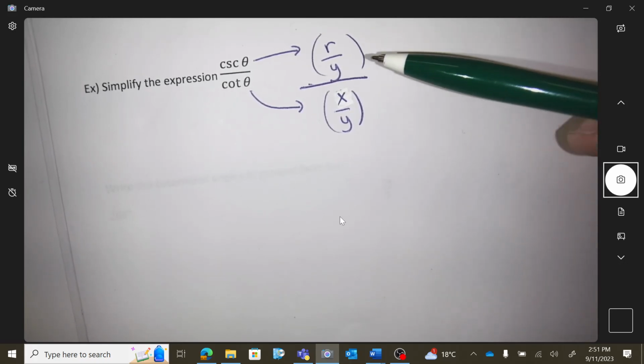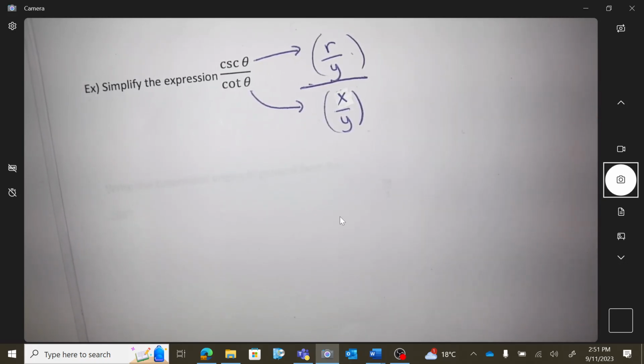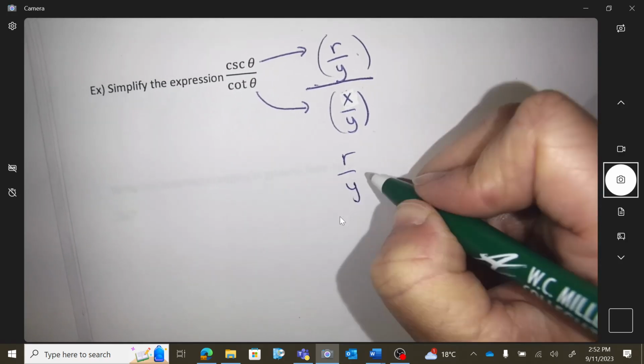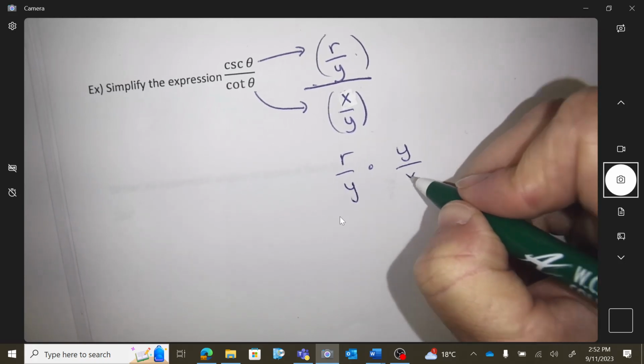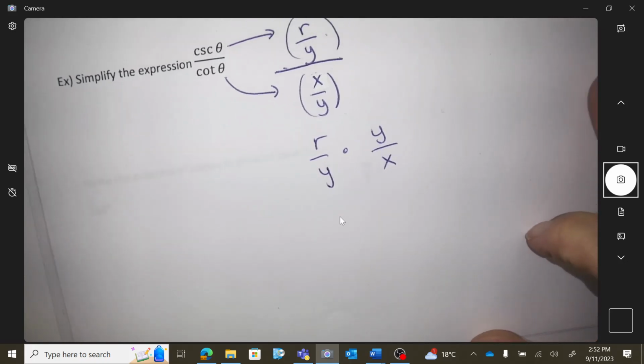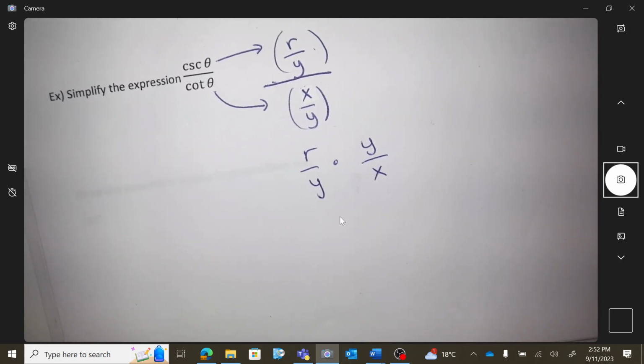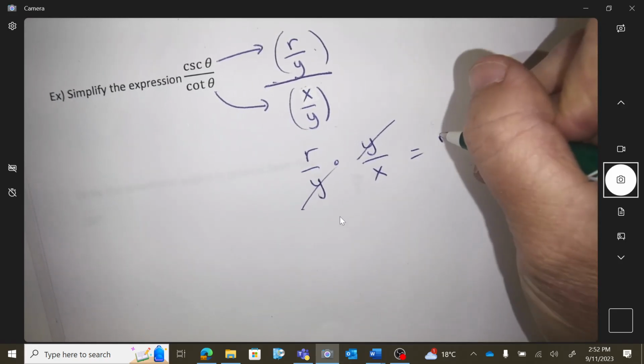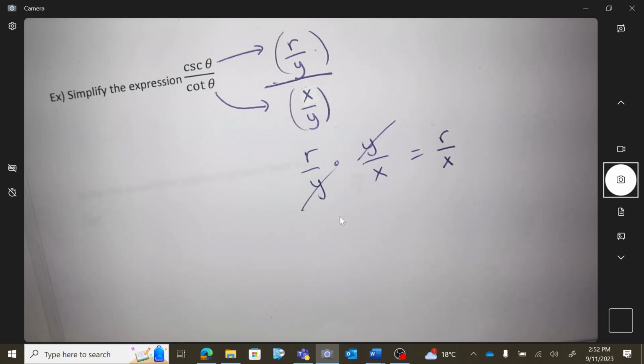How do you divide a fraction by a fraction? What would you ever do with that? Multiply, flip. Ooh, look, something happens. Cancel. And you get an r divided by an x.